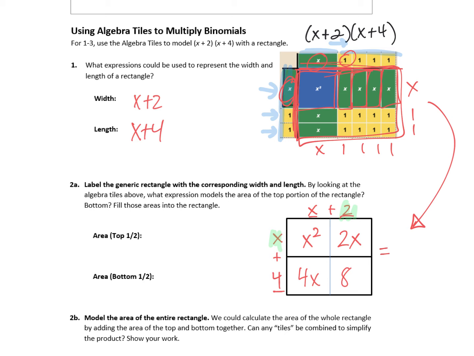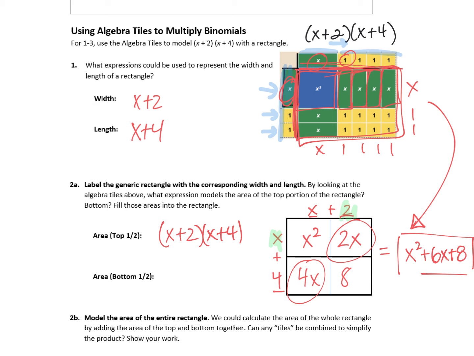So the area of this rectangle is x squared plus, I see 4x and 2x, which is 6x, plus 8. So I just multiplied these two binomials using something called a generic rectangle, and I got my answer to be x squared plus 6x plus 8. So I went from here to here. These two expressions are equal to each other, so they are equivalent, just two different ways to write it.